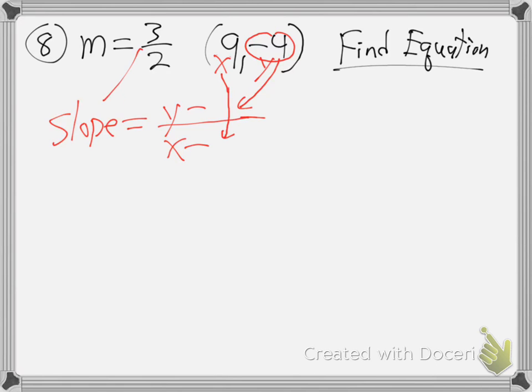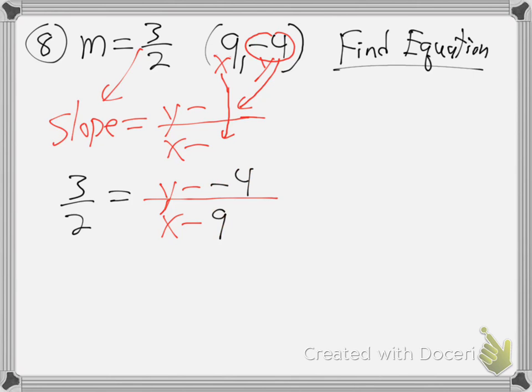And then the slope goes over here. So what we'll get then is 3/2 equals y minus, x minus, and behind the x we're going to put 9, behind the y negative 4.